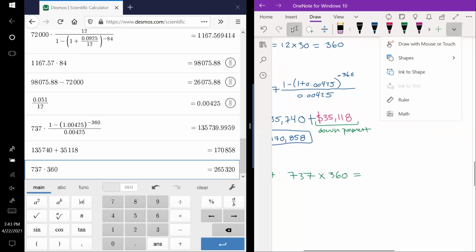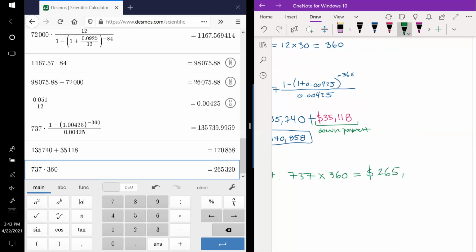Our total house payments will be $265,320. And then we're going to subtract that from the price of the house after the down payment, because we owe $135,740.